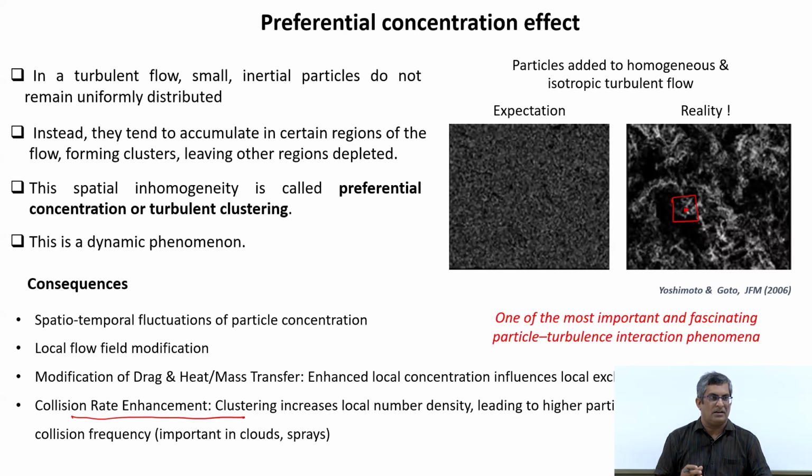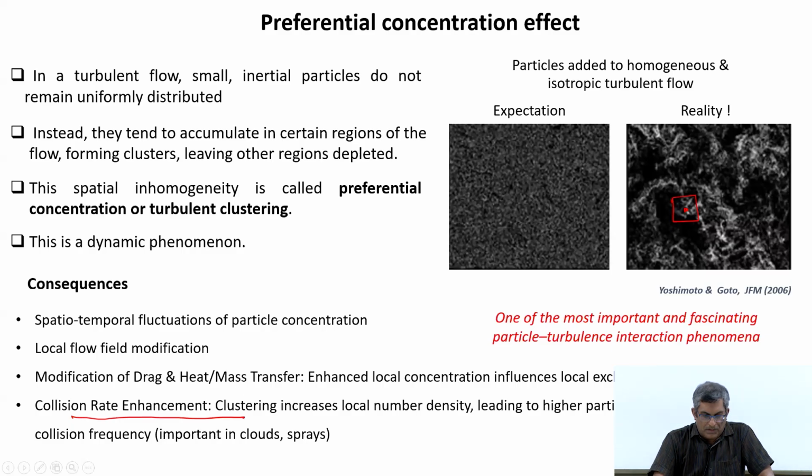That is still under research. But yes, if collision happens, that influences, for example, the particle size distribution if the particles are liquid droplets. And this phenomenon is important in clouds and sprays.